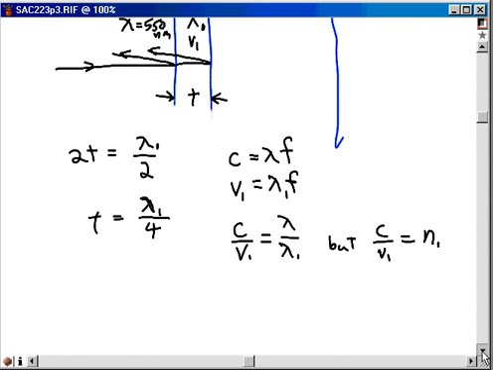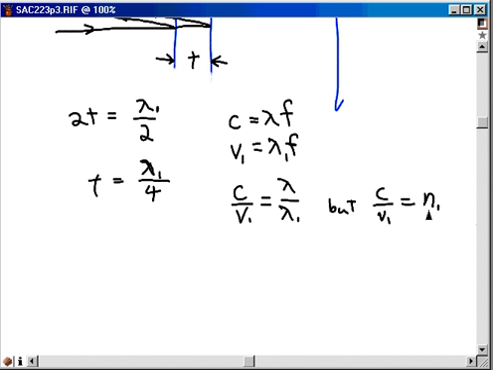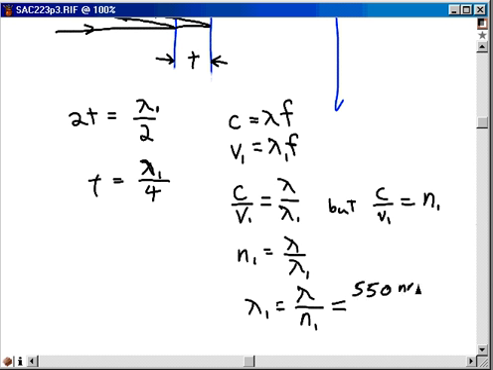The ratio of the speed of light in vacuum to the speed of light in that material is by definition the index of refraction. So I've got n1 is equal to the ratio of those wavelengths. Solving for lambda 1, I get lambda 1 is lambda over n1, which in this case is 550 nanometers divided by 1.21.